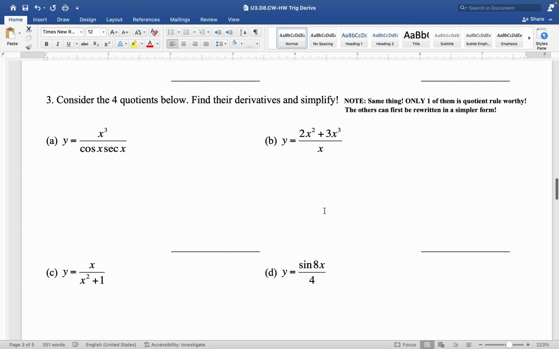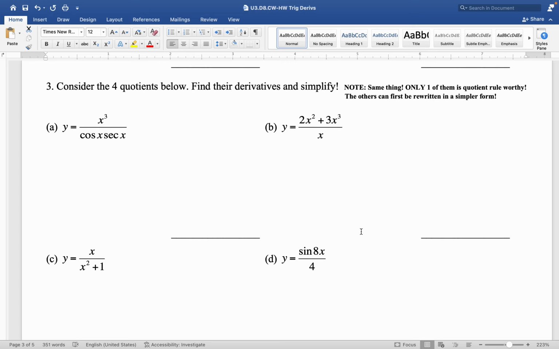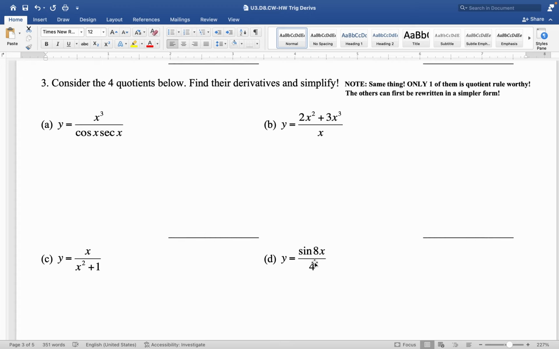And then in problem 3, we have a very similar question. You know, just because you see a fraction bar doesn't mean that you need the quotient rule. You could use the quotient rule on every one of these problems, but most of them, there's something to be done and simplified before you do the quotient rule. Like, look at D here.